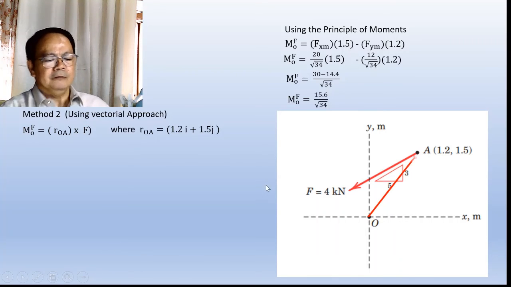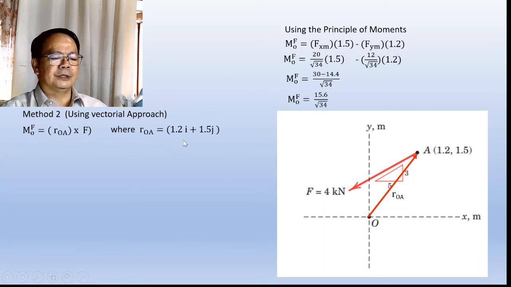That is equal to r_OA, which is 1.2 minus 0, that gives us 1.2i, and 1.5 minus 0 gives us 1.5j. And what is our F? Since this is our x component, we simply multiply it by i, while this one is multiplied by j, that is equal to 20 over the square root of 34 i minus 12 over the square root of 34.